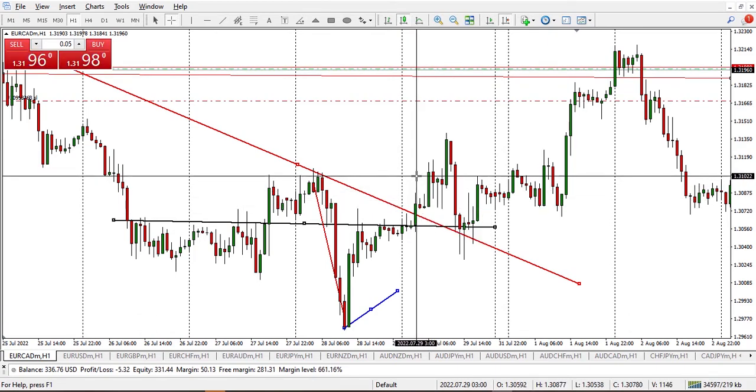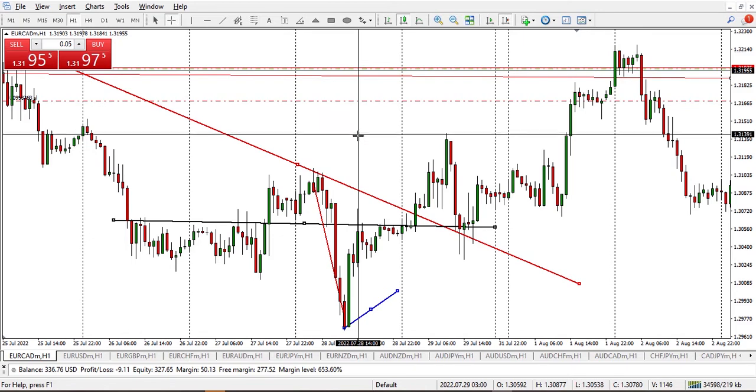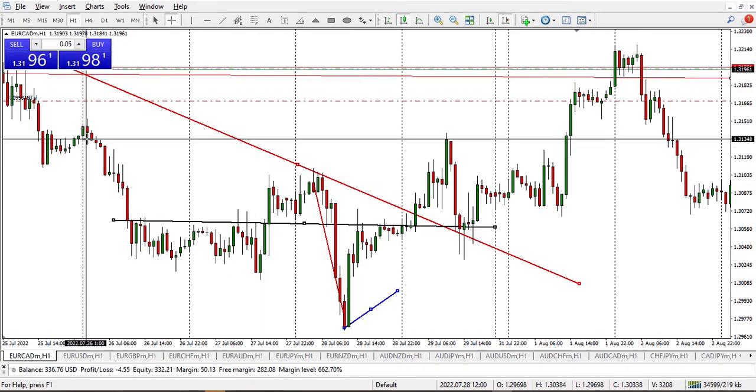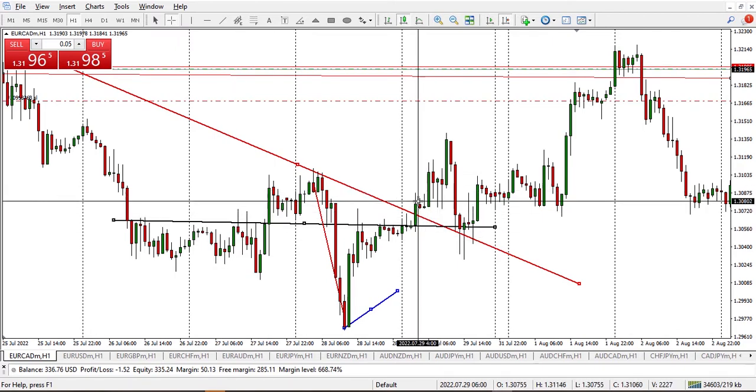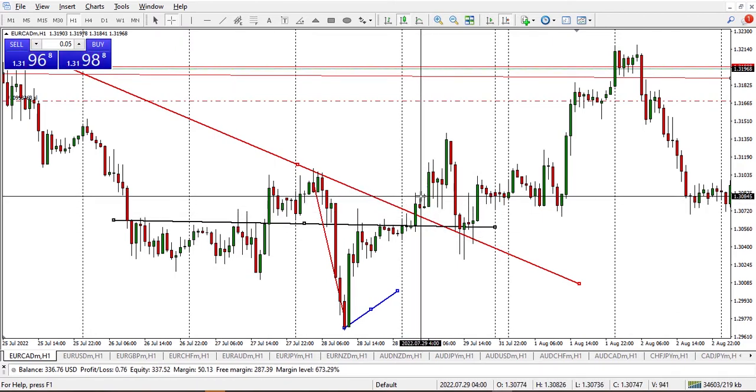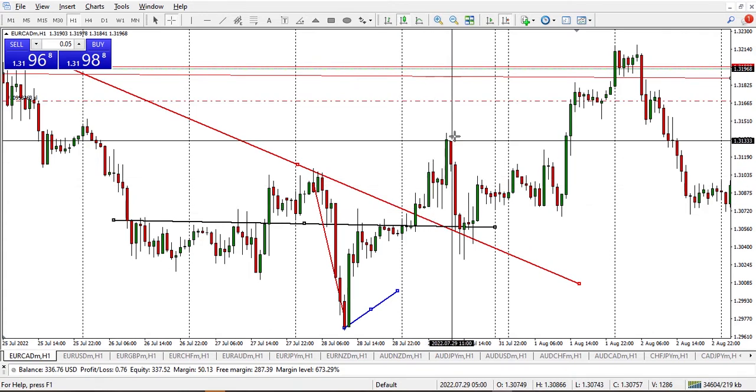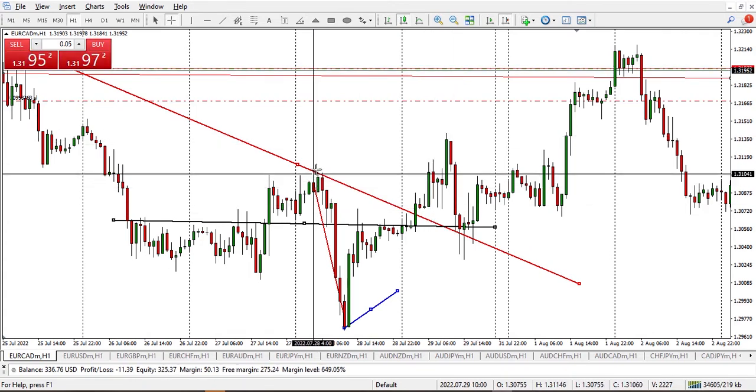This is my first take profit. My second take profit will be somewhere around this level, and as you can see, the market came and got to that level. Okay, so two things you could do: move to break even, put your stop here, or you take your money home. That's just my honest opinion.